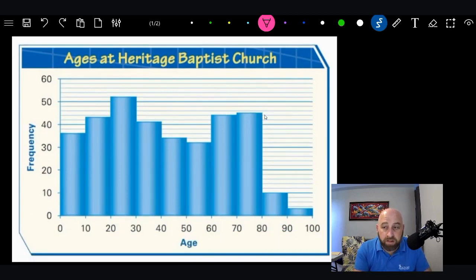The one thing that you do have to do with a histogram, and the reason why there's no gaps in between these. So why don't they have a gap in between these two? Why isn't there a blank space right there? Because there's no gap in between the ages. In other words, there's 50 to 60. There's no gap between 59 and 60. That's just crammed together.